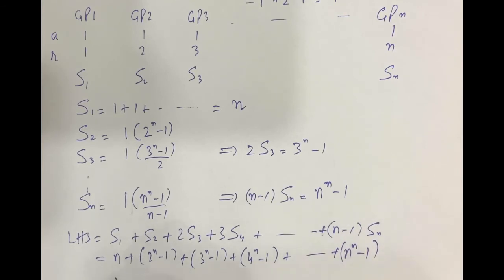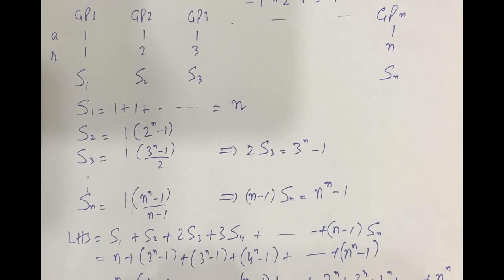This is n minus 1 plus 1 plus 1, n minus 1 times, and plus this is 2 raised to n plus 3 raised to n plus 4 raised to n up to n raised to n.